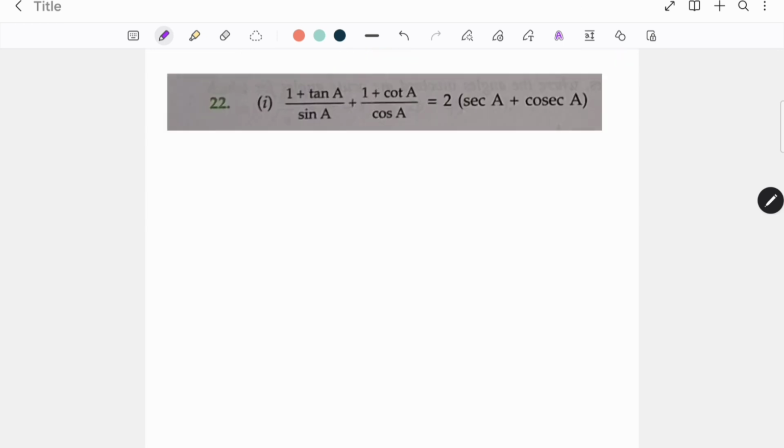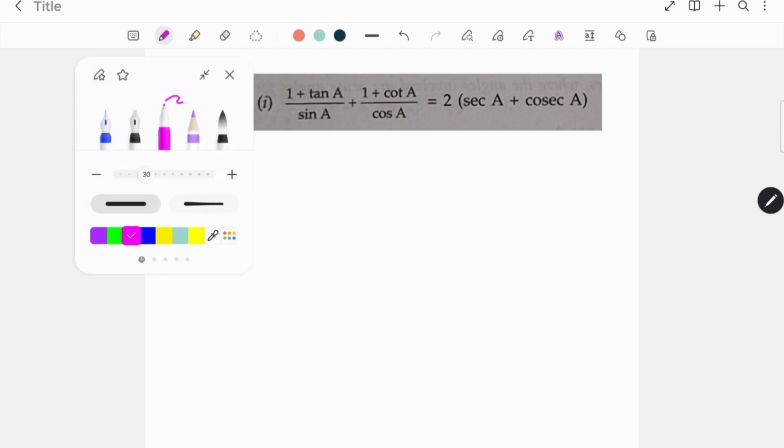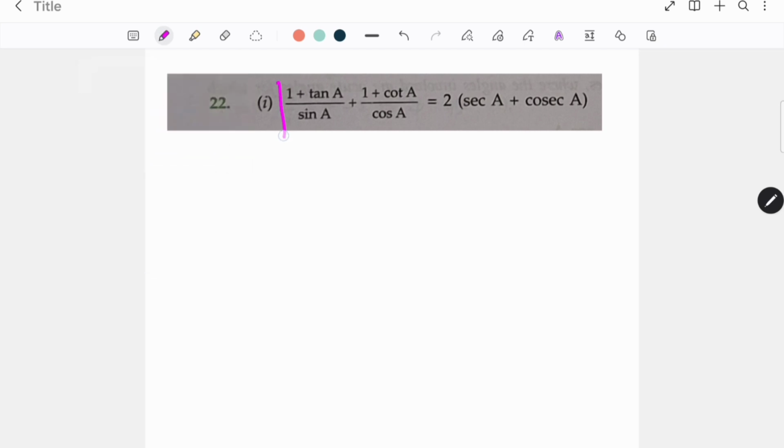Let's see how we can do this sum. Here also we'll start with LHS, this side. So LHS is this one. Next step we'll be doing LCM. If we do the LCM, we'll get sine A into cos A as LCM.